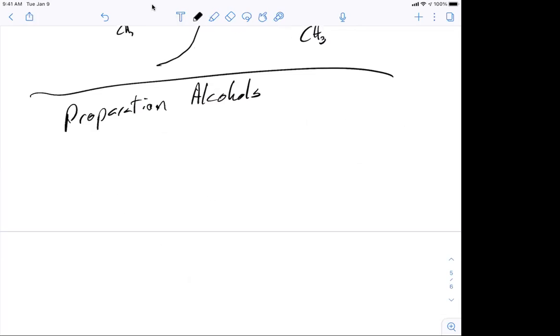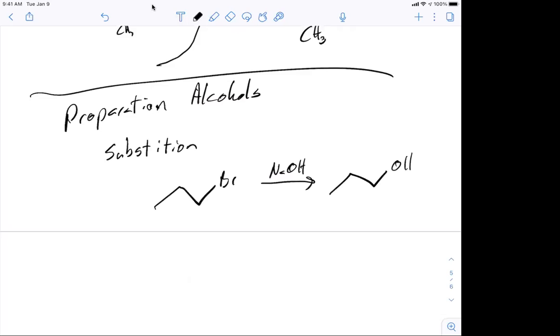So some of the reactions you're going to see in each of these chapters are actually review reactions. And so if we think about preparation of alcohols, we already know some of those. And the first set is substitution, right? If I take a halide and react that with sodium hydroxide, I can substitute and get the alcohol, right?